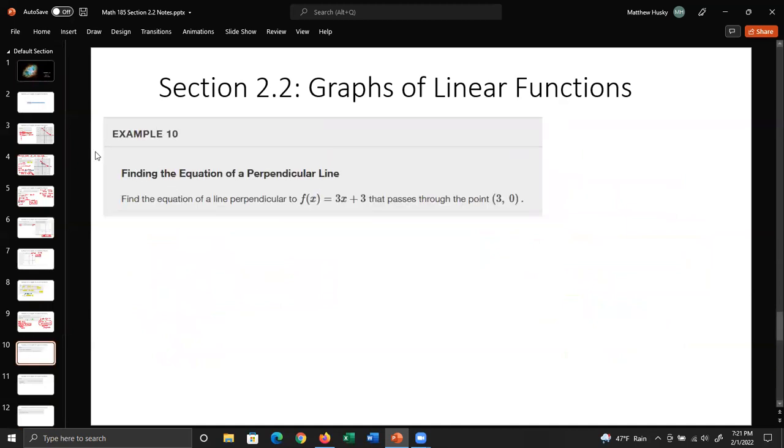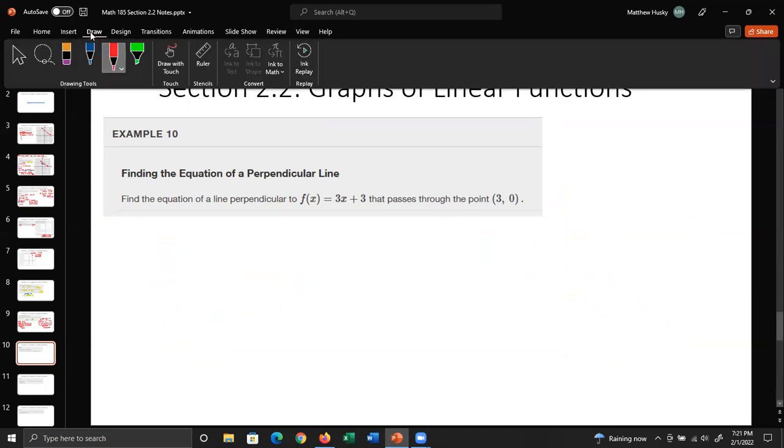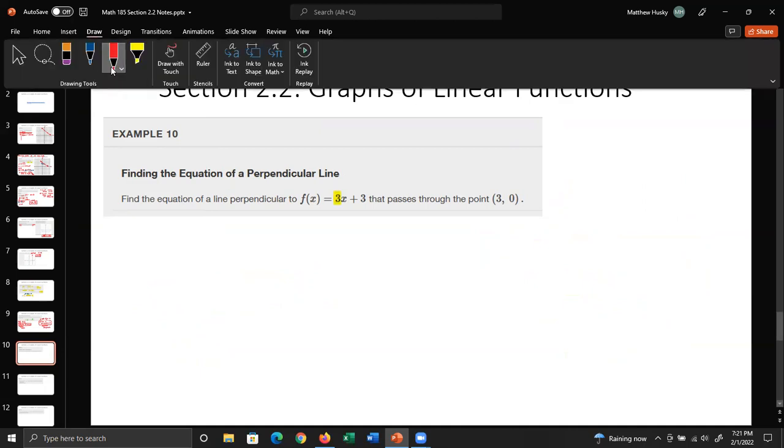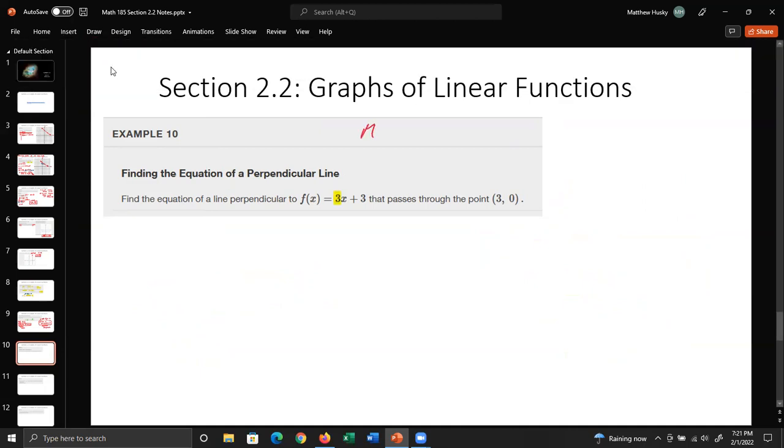So find the equation of a line perpendicular to 3x plus 3 that passes through the point (3, 0). Okay, how would we go about this? First off, let's look at the slope. The thing to notice is that the original slope, which we will call M1, is 3. We need to do the negative reciprocal.